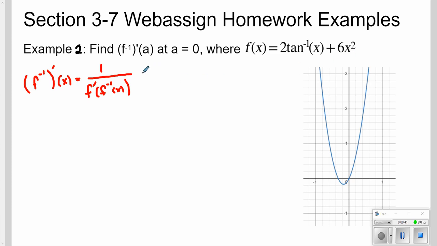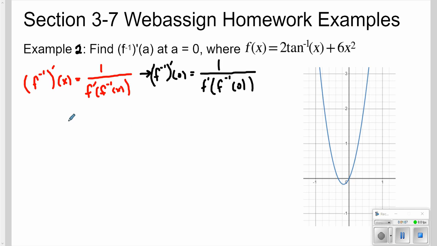Well, again, let's put this in the language that we're being asked right here. We want to find f inverse prime at 0, and we're going to use our formula for the inverse function, which is that f inverse prime of 0 is going to be 1 over f prime of f inverse of 0.